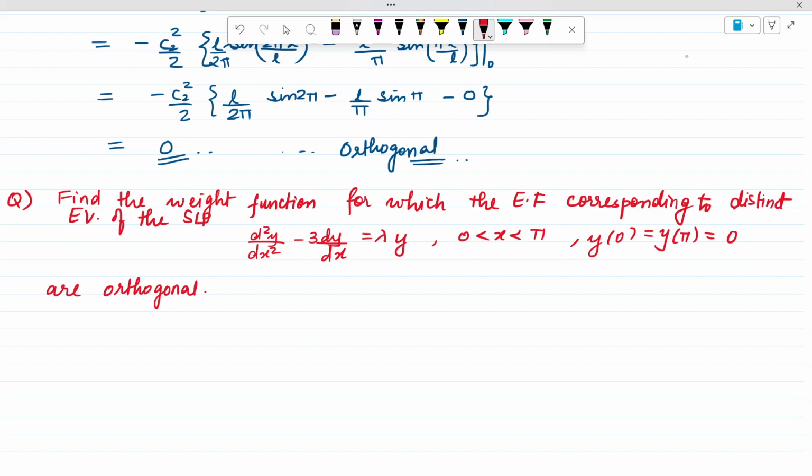Will you first find the eigenvalues and eigenfunctions and then calculate R of x, or how will you do it? Do you need to find the eigenvalues and eigenfunctions here?